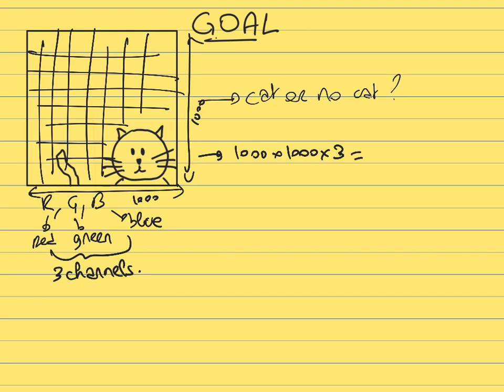So altogether, what the computer will see is just 3 million data points, which correspond to each of the pixels and each of the 3 channels for each pixel. So this is what the computer will see, just a collection of those 3 million values.